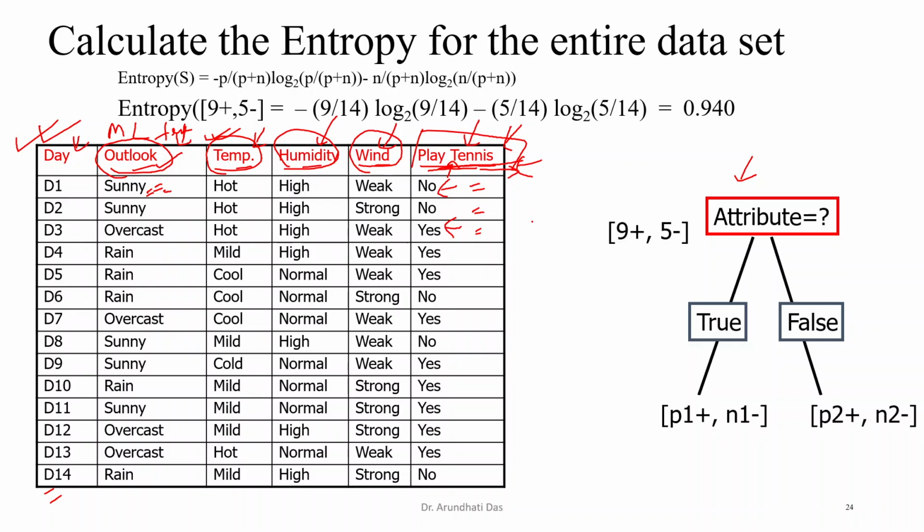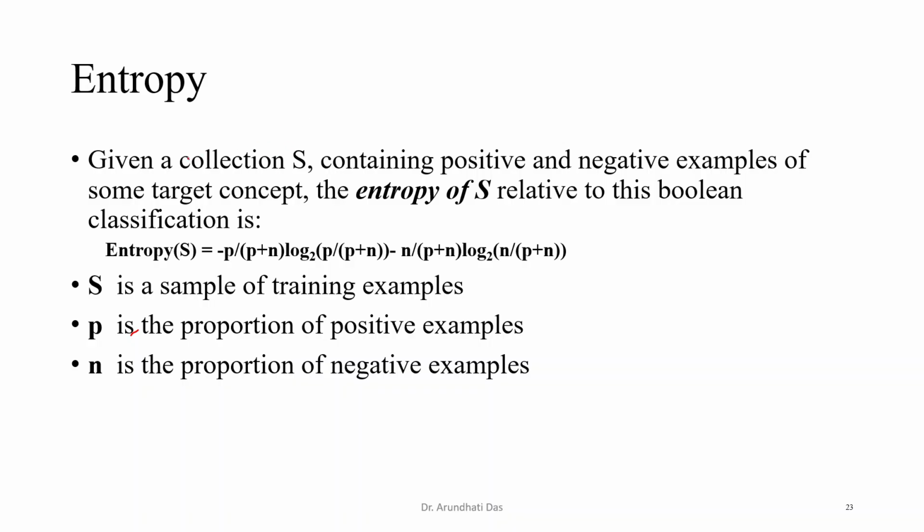So what we do generally, we calculate something called entropy. So what is entropy? Entropy for a given collection S, and S is the data set. This data set will ideally have some positive and negative examples of the target concept.